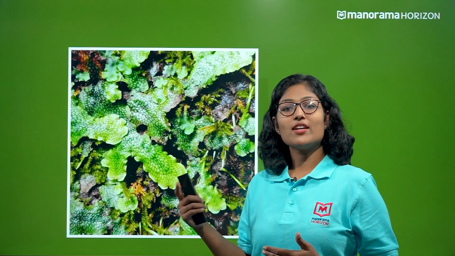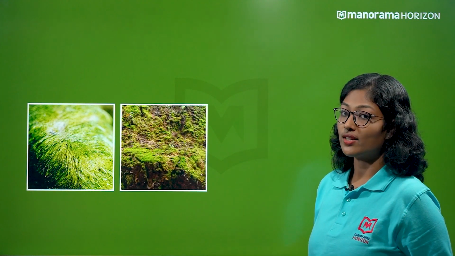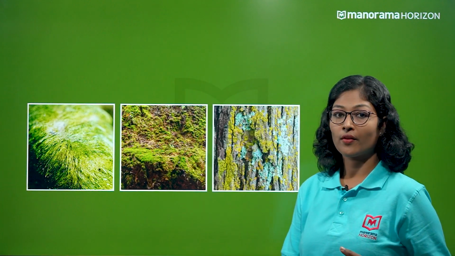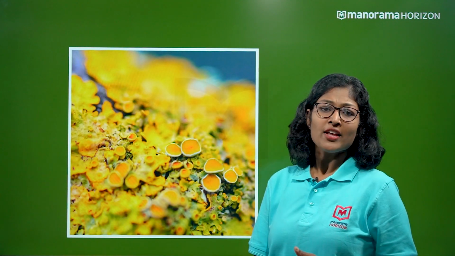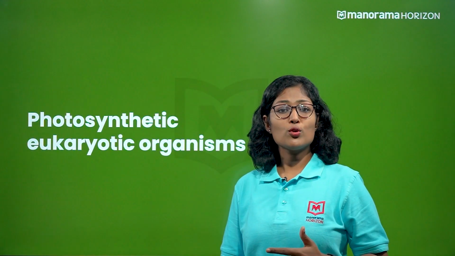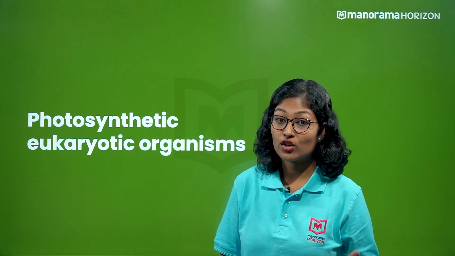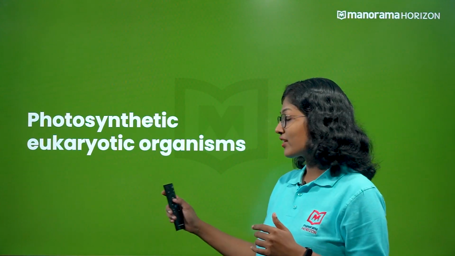And where can we see these structures? We can see these structures in moist conditions, especially on moist stones, soils and woods. In advanced forms, we can find symbiotic relationships too, like lichens. In general, they are photosynthetic eukaryotic motile or non-motile organisms.